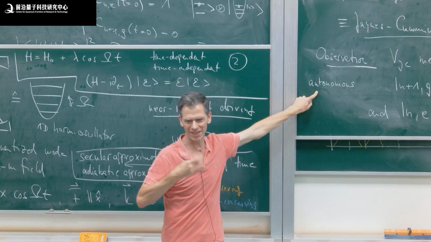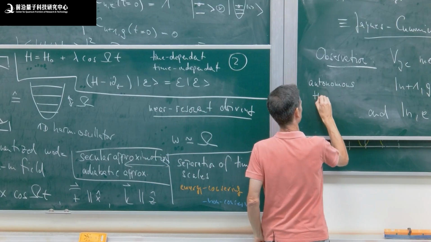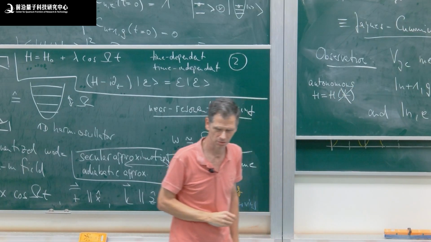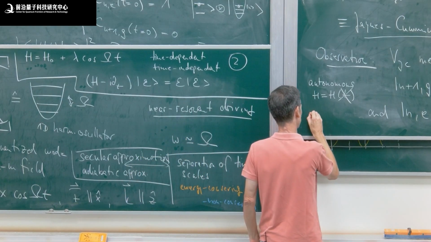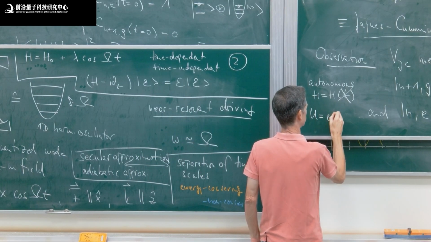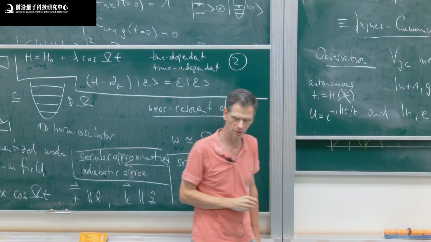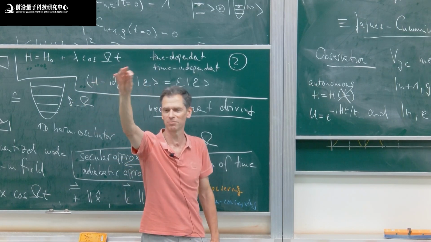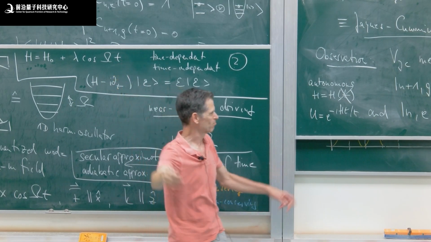Autonomous is an academic fancy term for saying time independent, okay? So this means H does not depend on t, no explicit time dependence. Then your unitary is e to the minus i H t over h bar, right? Also clear in the back rows? You follow me?